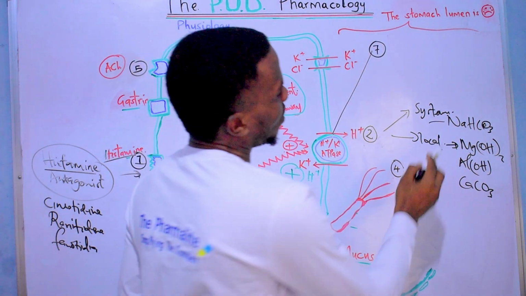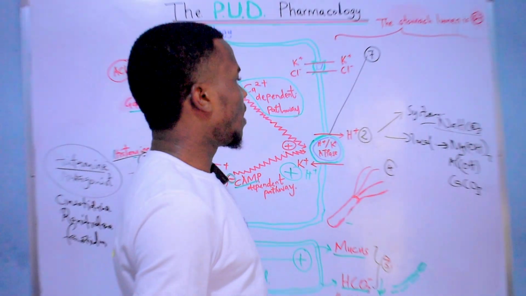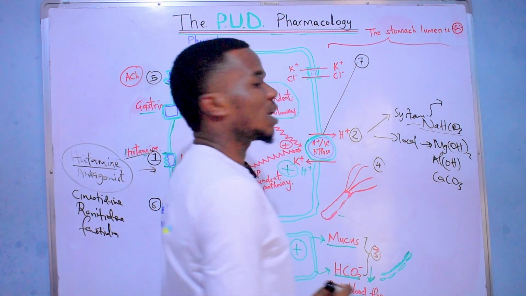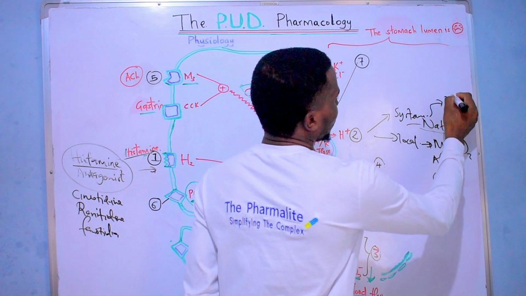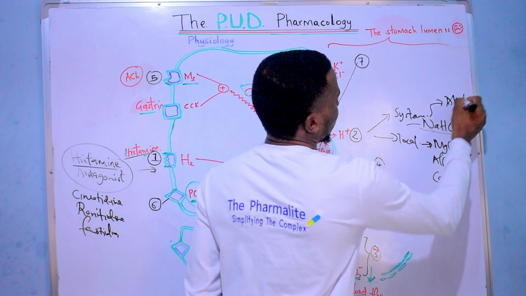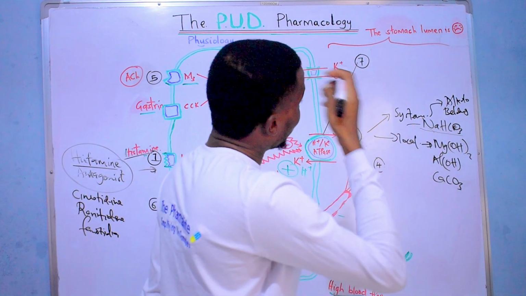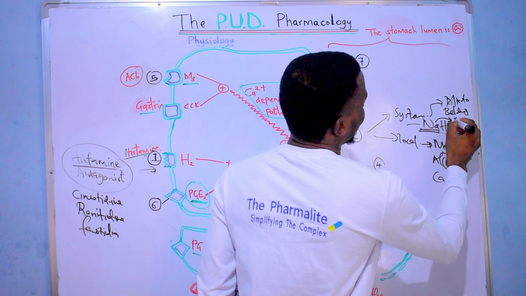Now sodium bicarbonate is not a very popular one because it leads to some very serious side effects. For example, it leads to systemic alkalosis. It can also lead to belching, and also because of the high number of sodium, it can lead to sodium overload in the body.